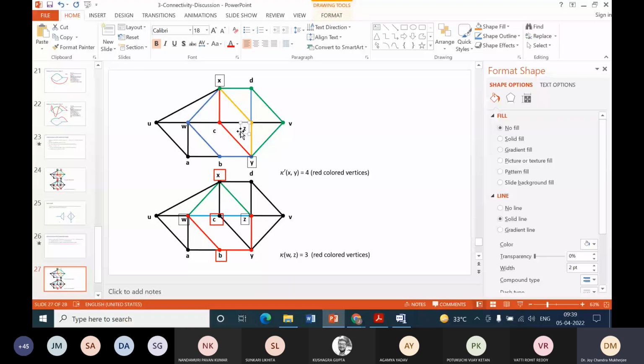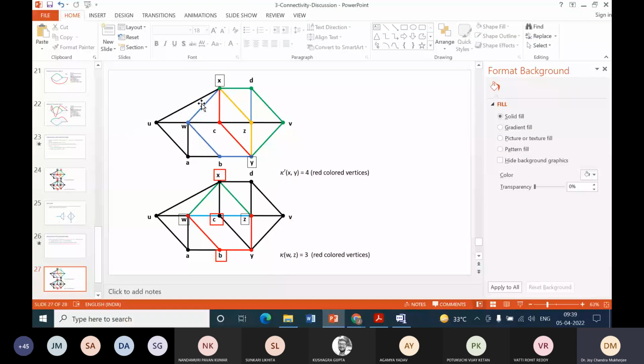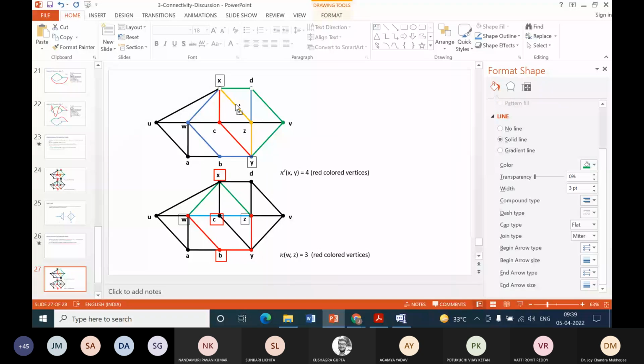Maybe I delete these 4 edges, or I may delete these 2 edges and these 2 edges, anything. So maybe I make it bold.